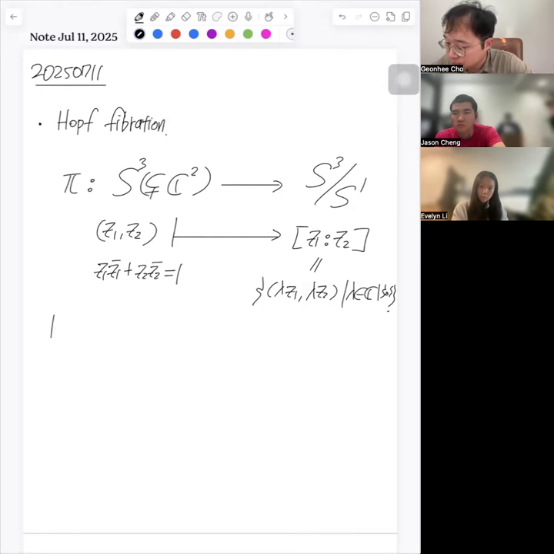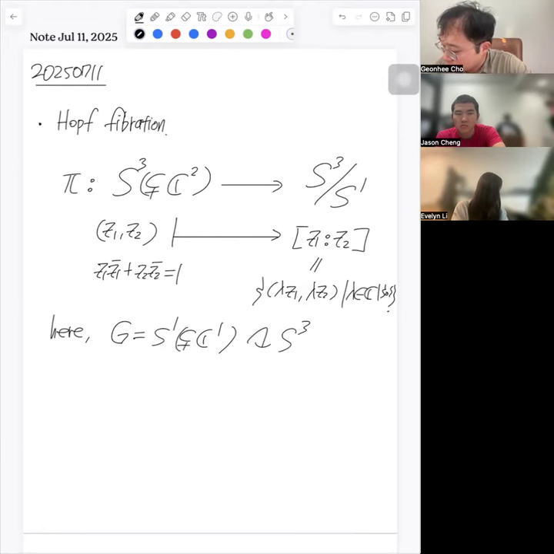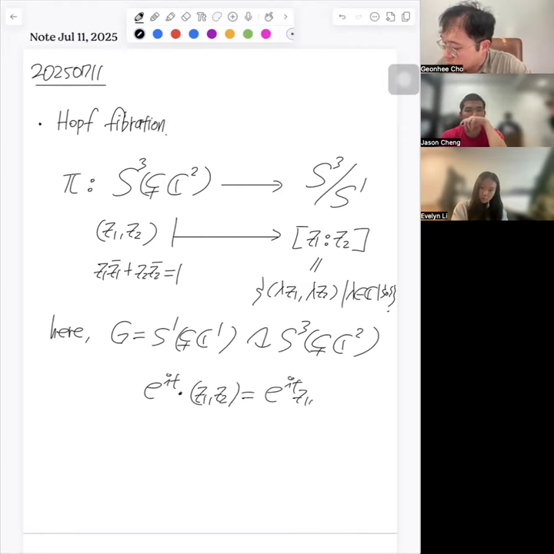So here we have the group G, which is S1 in C1, acting on S3, sitting inside of C2, in a way that e to the i t acts on z1, comma z2 in this way. At this point, I assume you two feel very familiar with it.